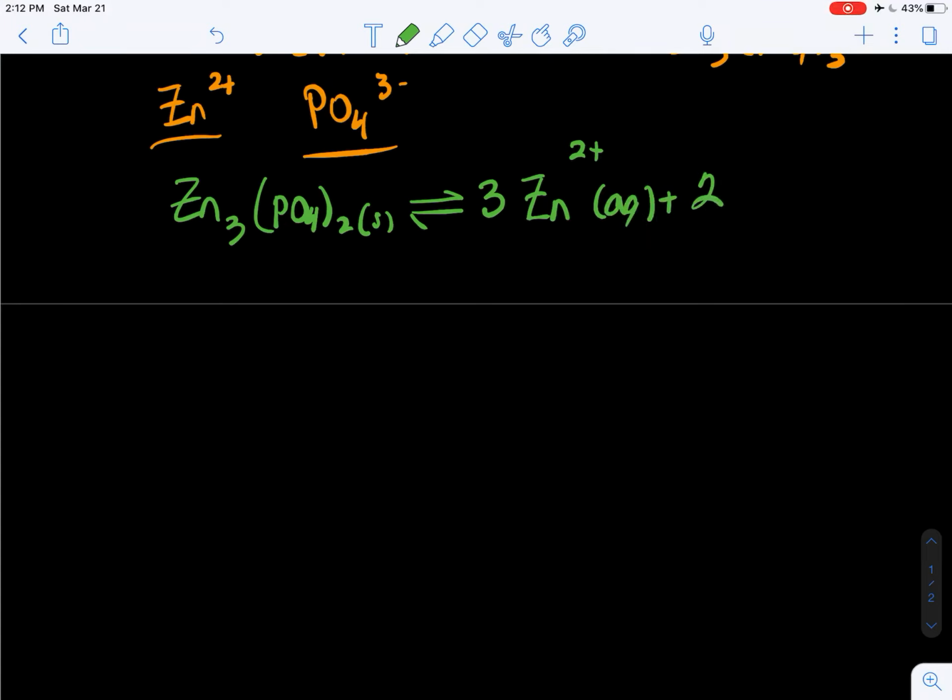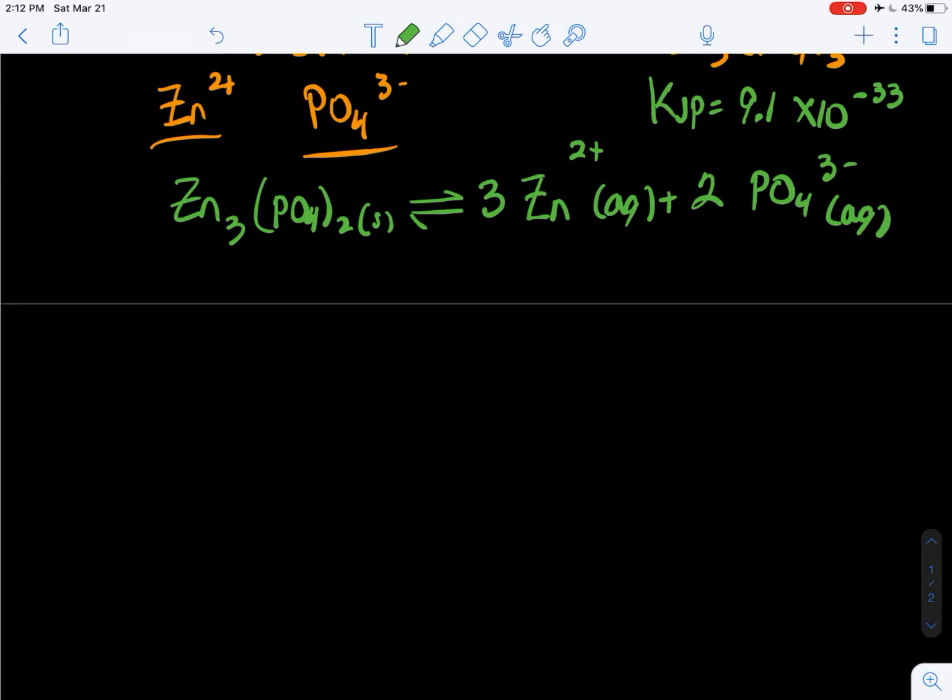And there's 2 phosphate ions. Okay. The KSP for this is equal to 9.1 times 10 to the minus 33.